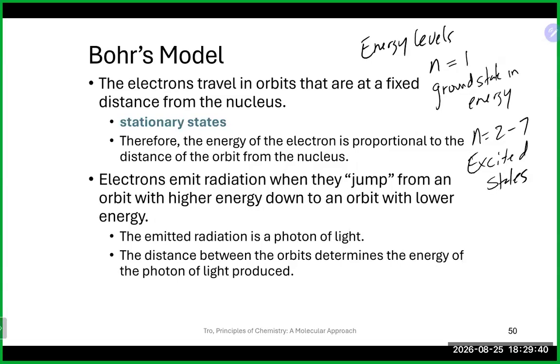So n itself is known as the principal quantum number. We're actually going to talk about quantum numbers in this chapter and the different types of quantum numbers, but you could think of n really as the energy levels.